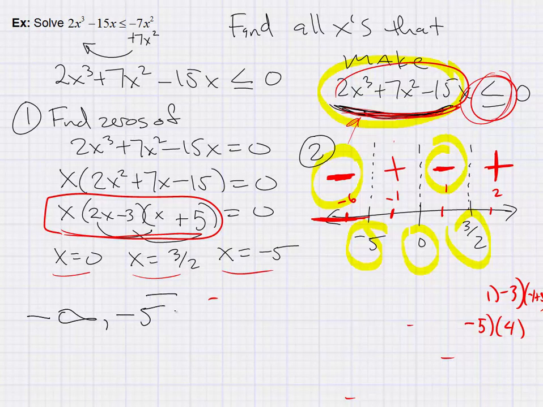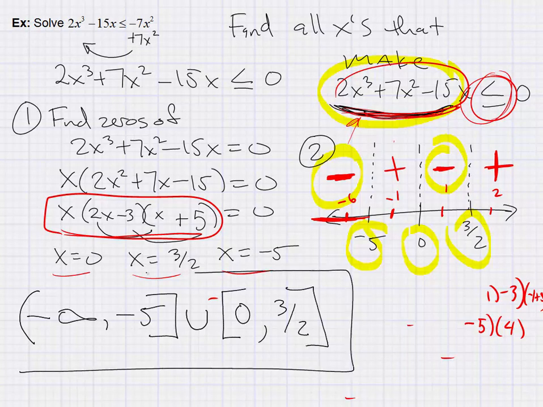I want to include negative 5. You never include infinity, so I put parentheses. And I want to union that interval with the interval from 0 to 3/2. But I also want to include 0 and include 3/2. Bracket means you included, parentheses means you don't. So this would be the interval solution to the inequality.